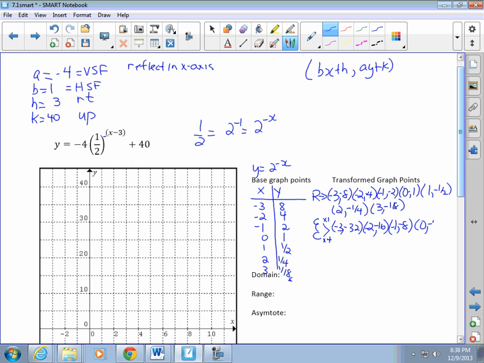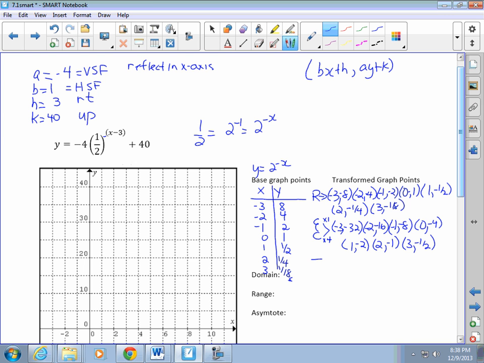0 and -4. It's going to be 1. 4 times -1/2 is -2. The 2 stays the same. -1/4 times 4 is -1. 3 and -1/8 times 4 is -1/2.